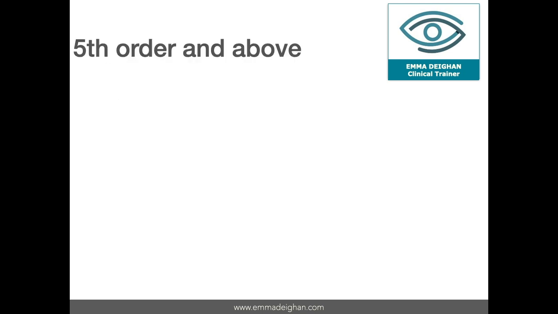Fifth order and above, the aberrations just get more complex and really don't have much visual significance. We normally say that 0.1 to 0.2 microns of wavefront is what somebody can just visually detect. So if your amount of aberration is 0.005, the patient's not going to be able to determine it. Okay, but we measure them anyway.